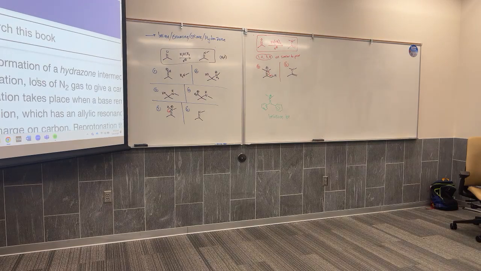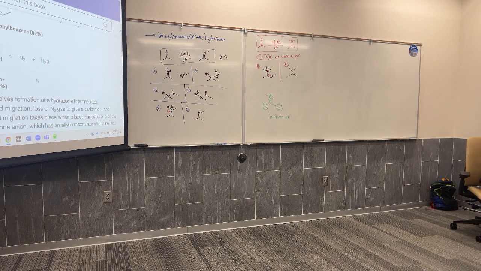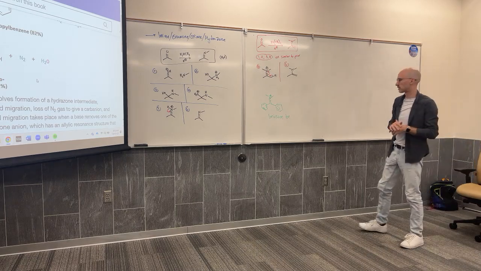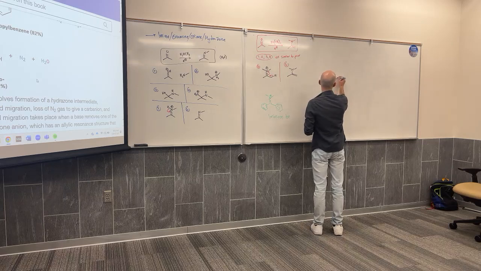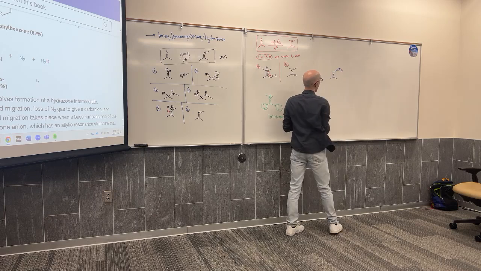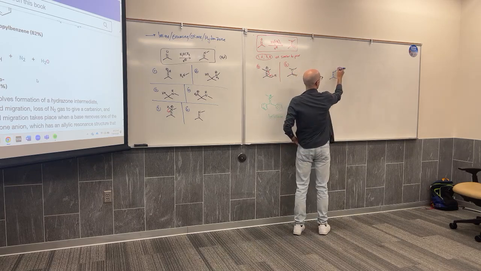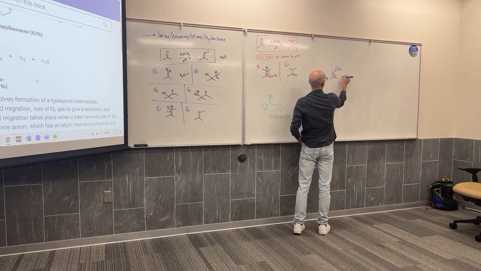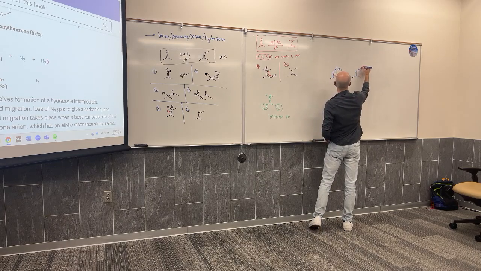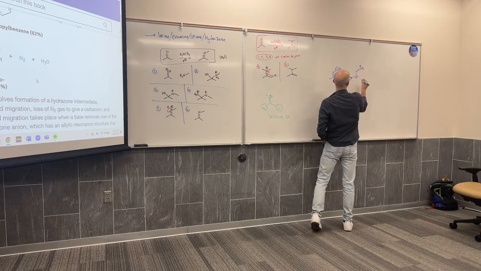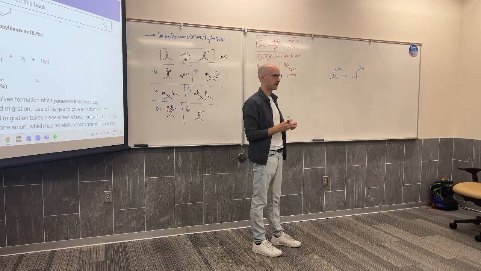I just want you guys to think about how bizarre this is. Carbon rarely takes on negative charges. But in the hydrazine reaction, the setup allows for carbon to become far more nucleophilic than you would expect it to be, far more basic than you would expect it to be.